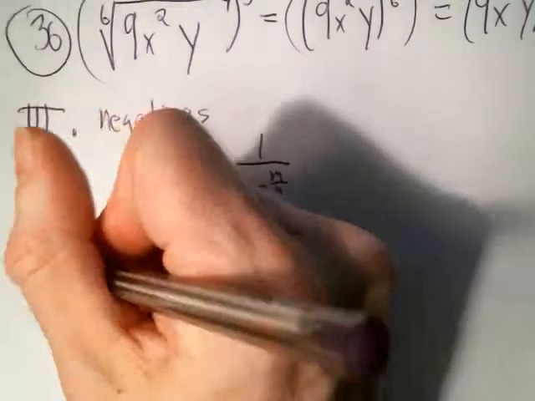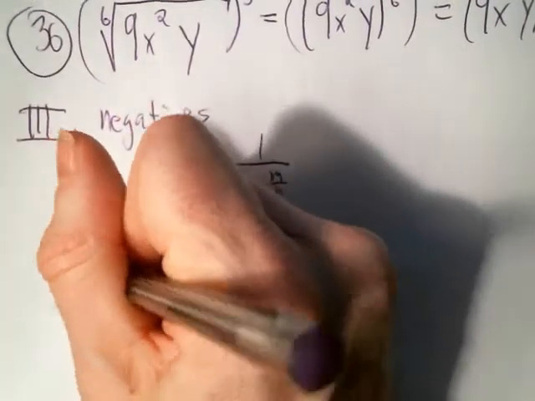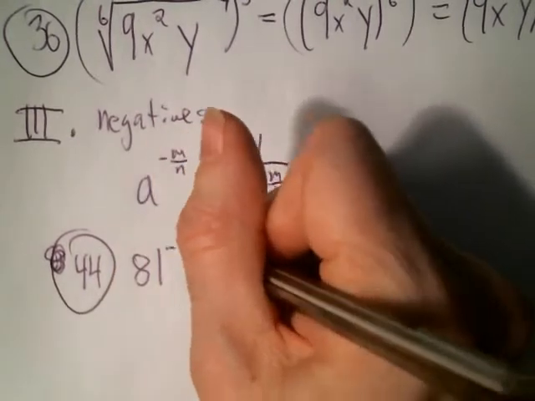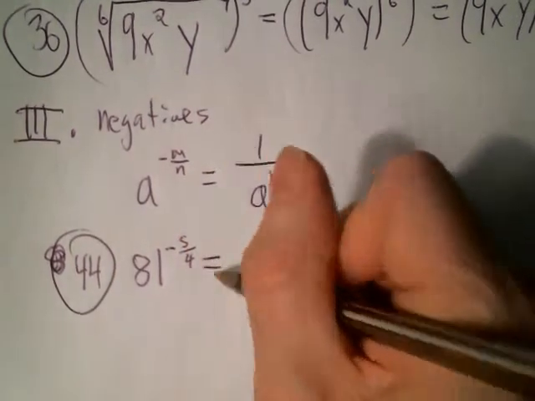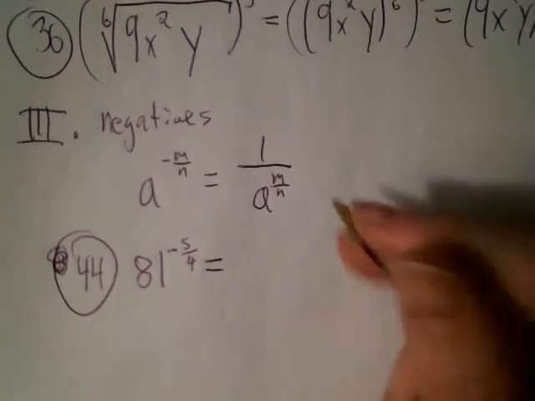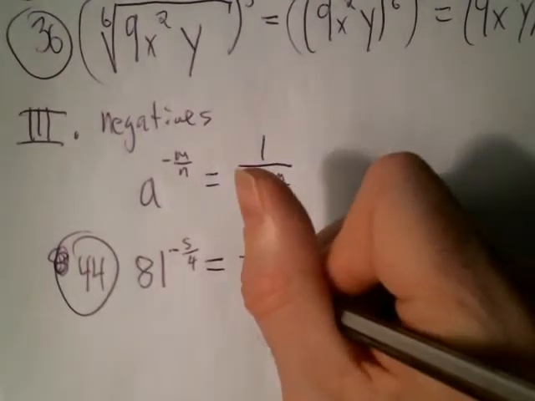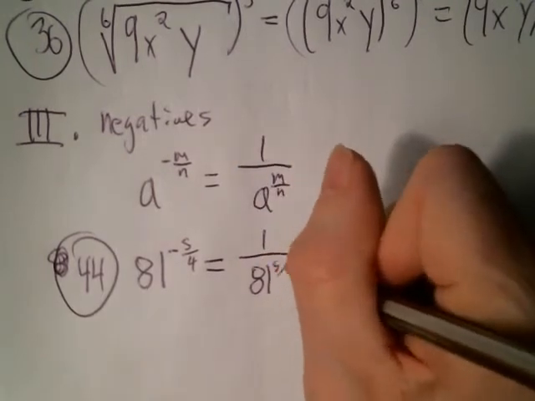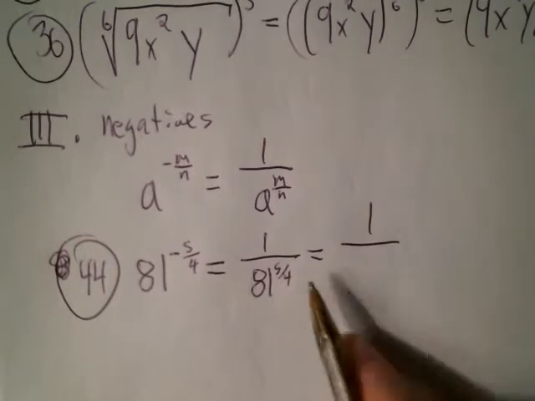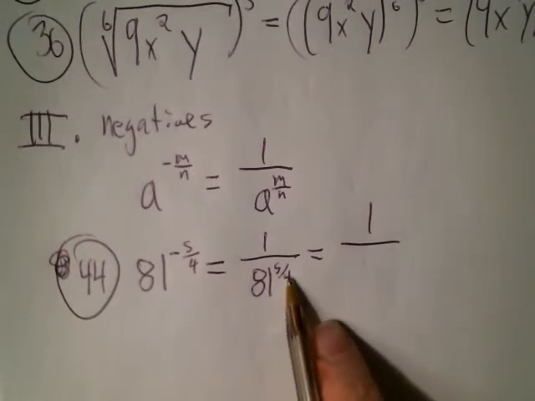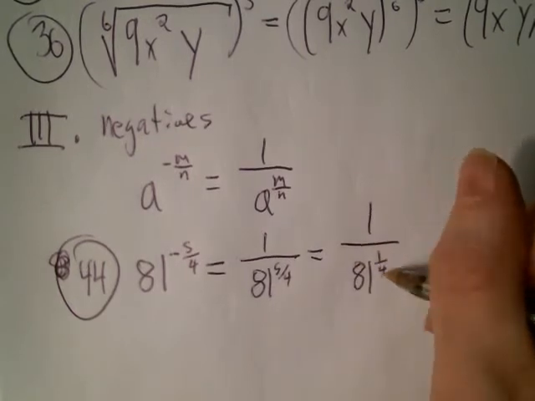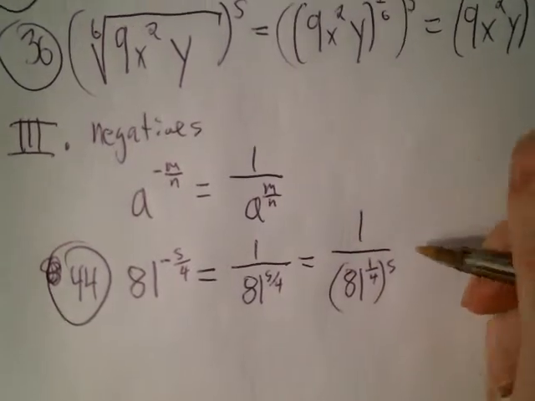So let's look at some of these. Here's, what is this, 44. We have 81 to the negative 5/4. Okay. So ultimately, if possible, we want to simplify. So first off, this is 1 all over 81 to the 5/4. Then I could rewrite this by kind of factoring the exponent into 1/4 raised to the 5th.